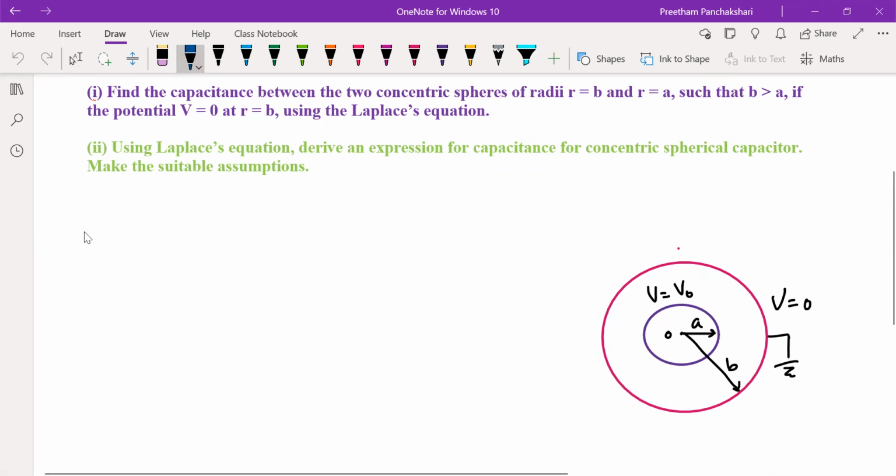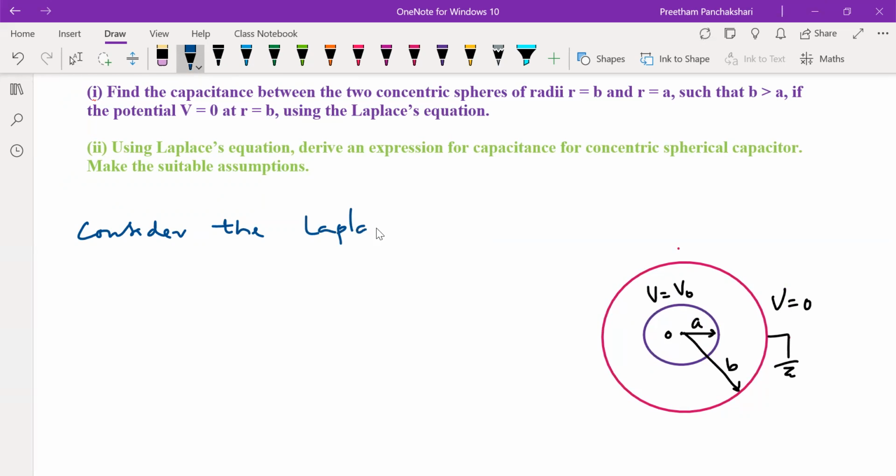So first, consider the Laplace equation. We know that Laplace equation is given by del square V equal to 0.